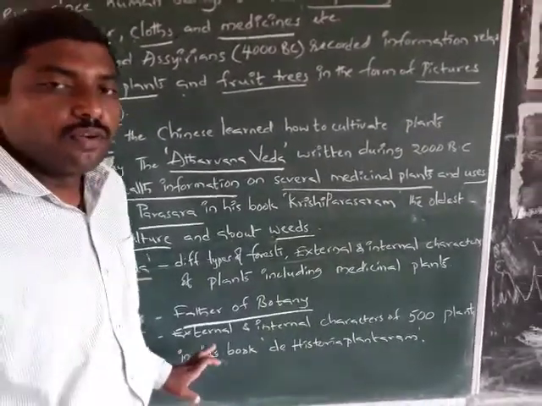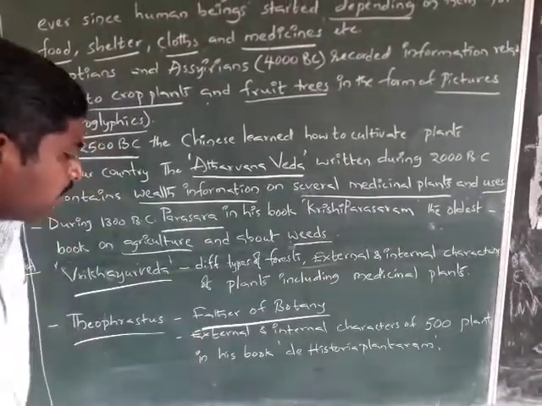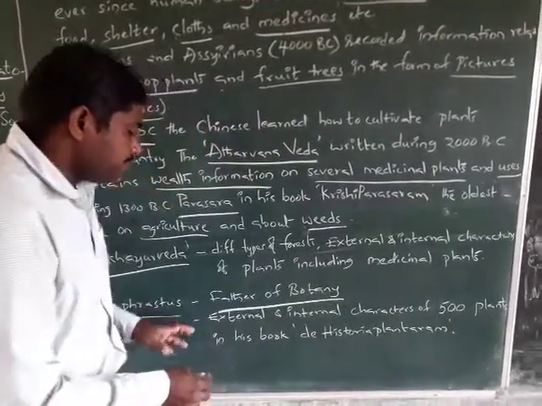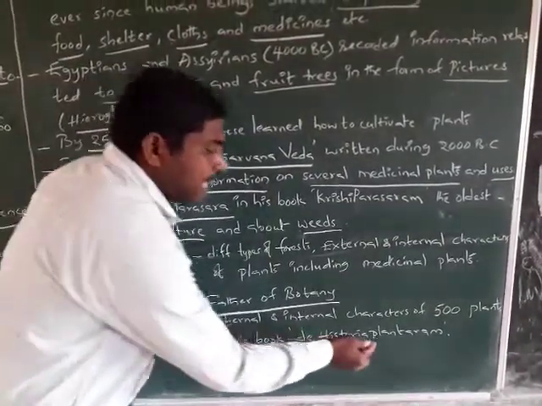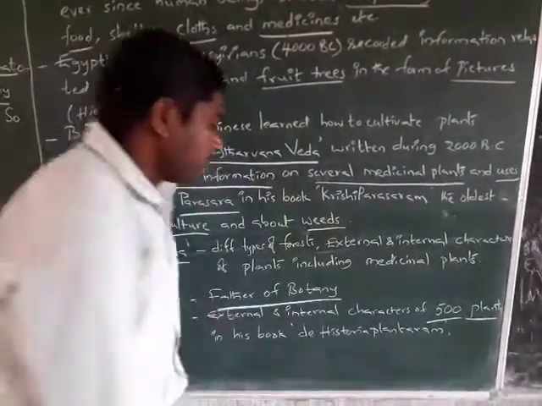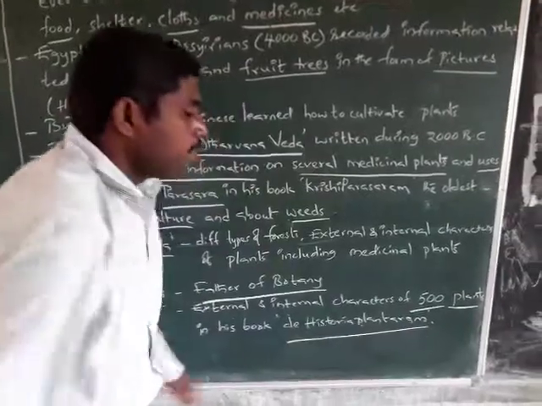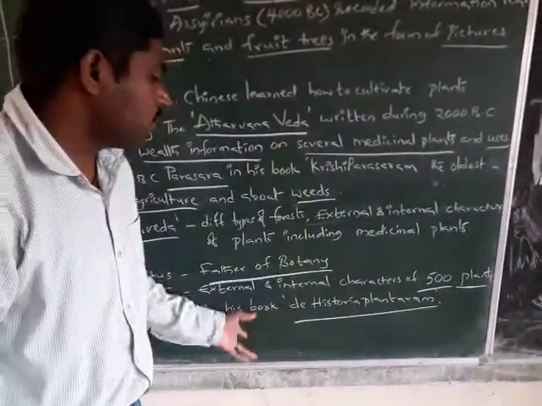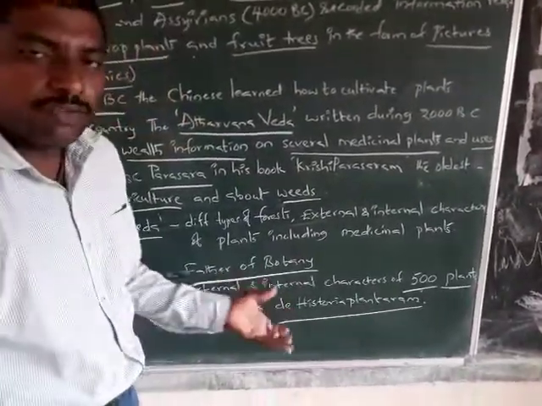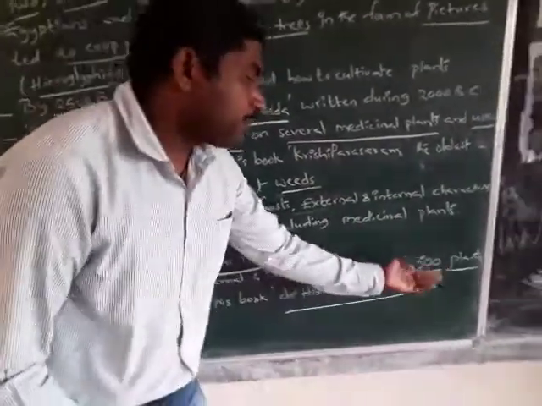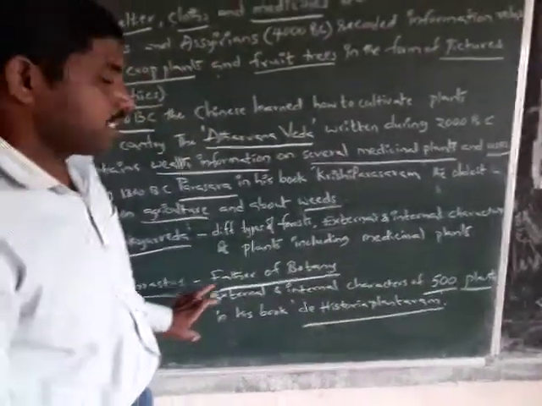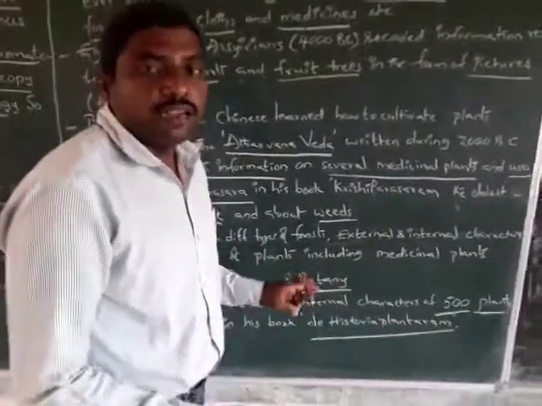He wrote the book De Historia Plantarum, in which he described 500 plants with their external and internal characteristics. That's why he was considered the father of botany.